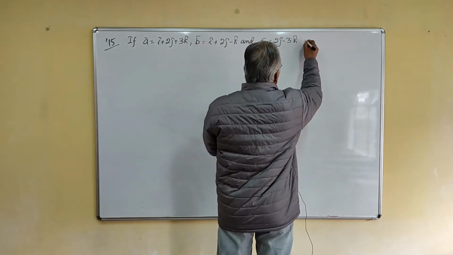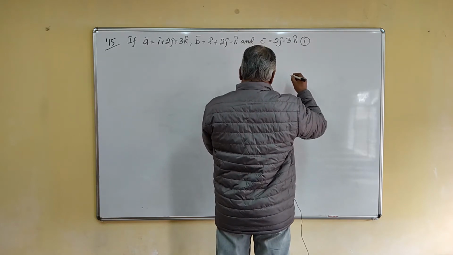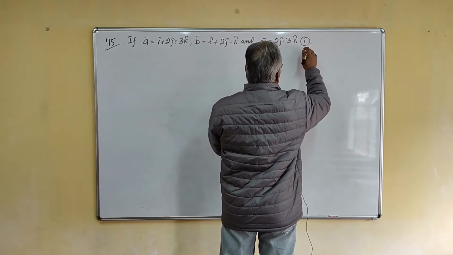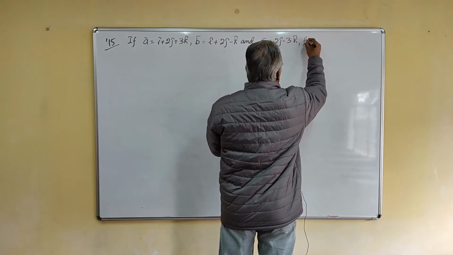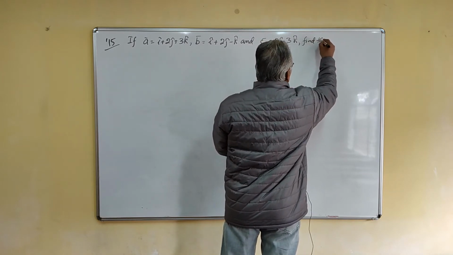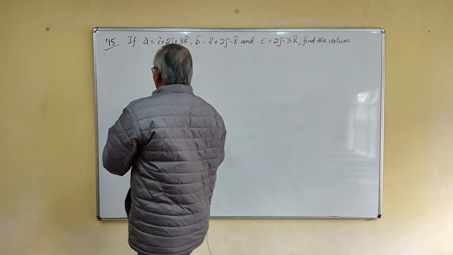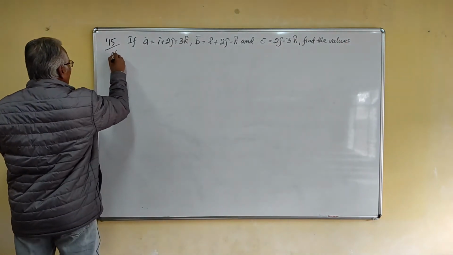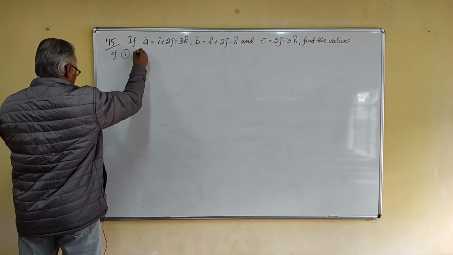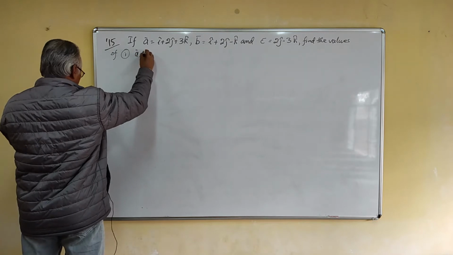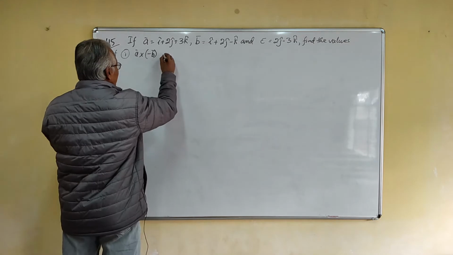Find the values of the following. Number one, A cross minus B. Okay, all are vectors.